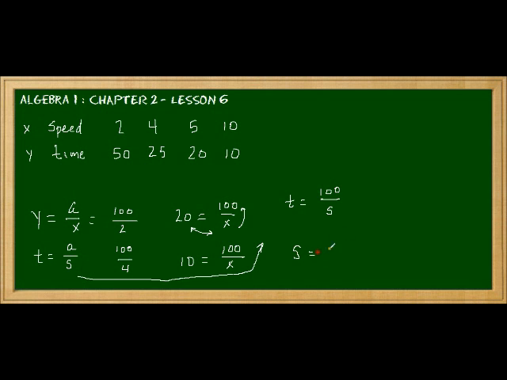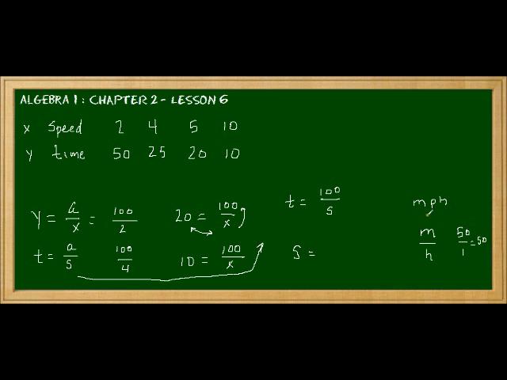What would s be equal to? Well, we know that speed is like, let's say, miles per hour. We're very familiar with miles per hour. Another way to write that would be miles divided by the hours. How many miles for each hour? So if I were traveling 50 miles per hour, that would be 50 divided by 1 hour. That means I'm traveling 50 miles per hour, okay?